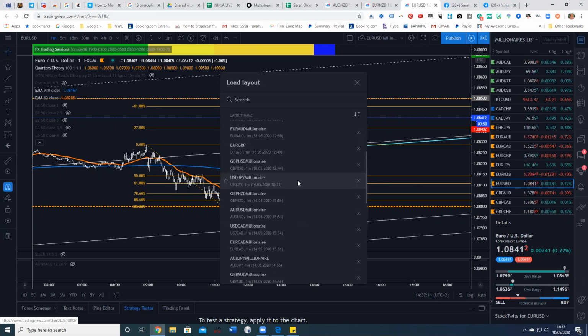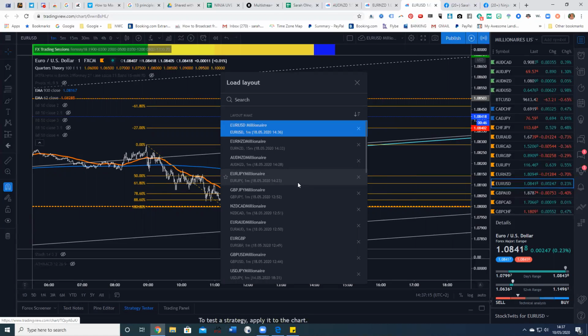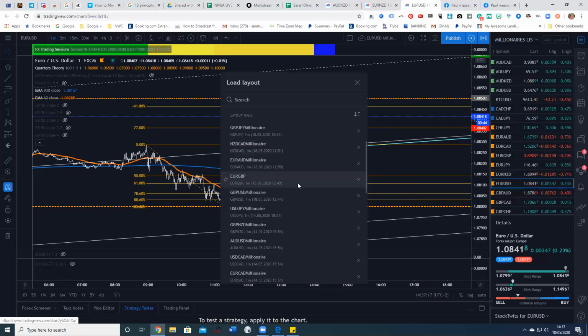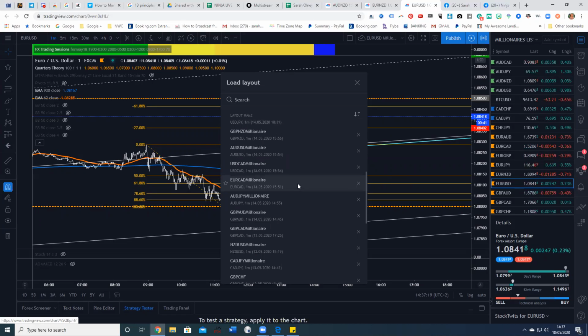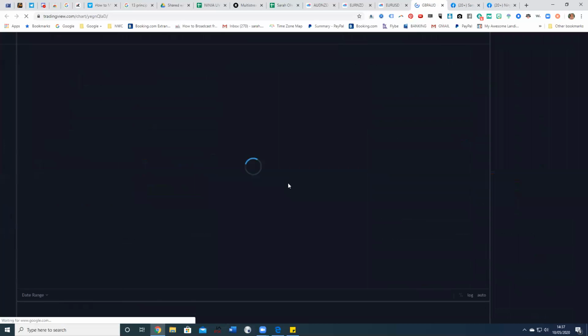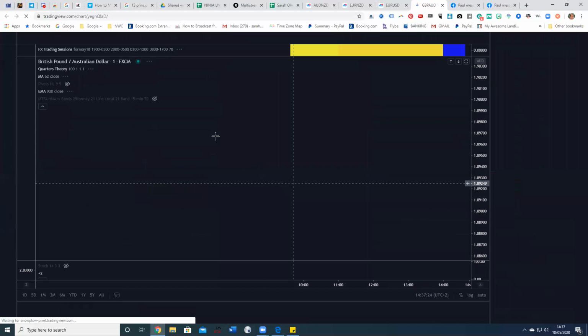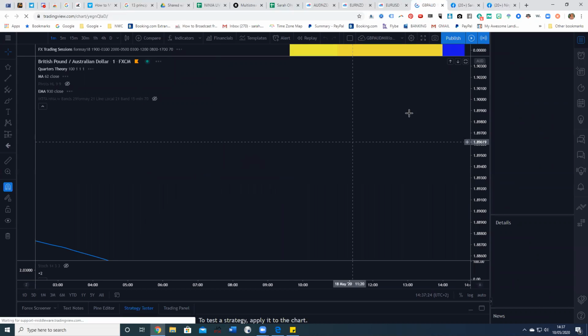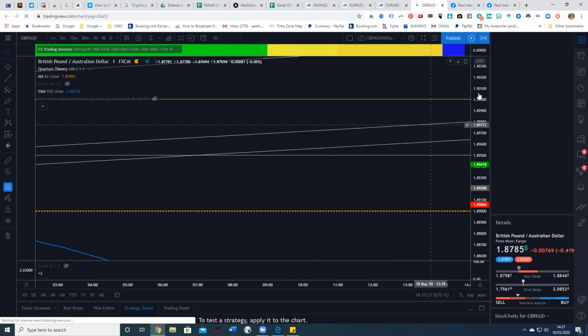We could have a look at GA. I haven't looked at that today. That wild pair moves fast. You do need a 15 pip stop loss on this one.